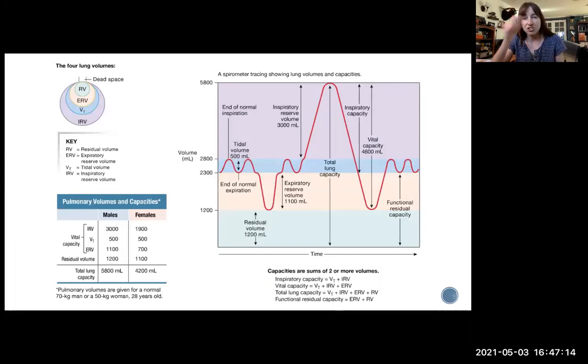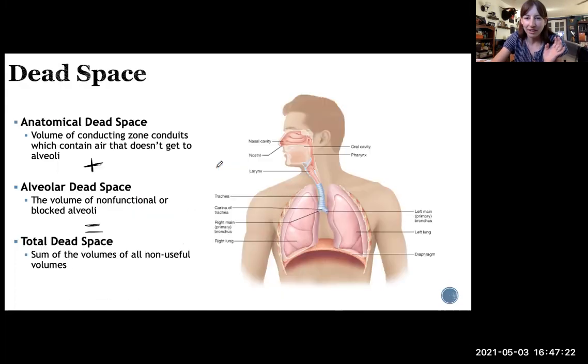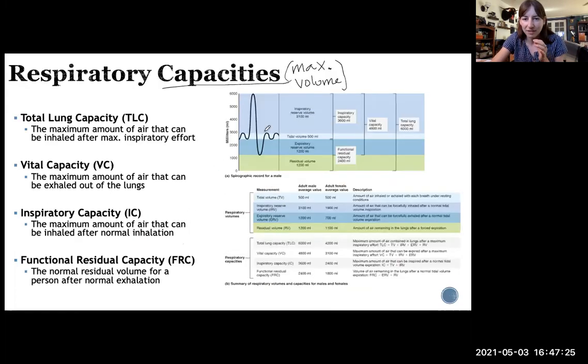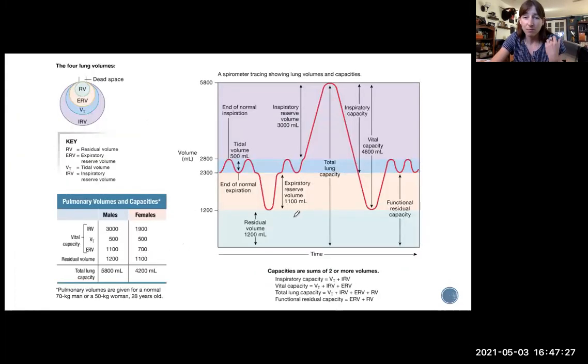Here's another image showing these volumes and capacities. We're showing these as volumes. So it's the same thing as this, basically. But if this one feels better on your eyeballs, that's good. This one also includes dead space here. This is actually a really interesting graphic because it's showing you the dead space, which does not actually participate here.